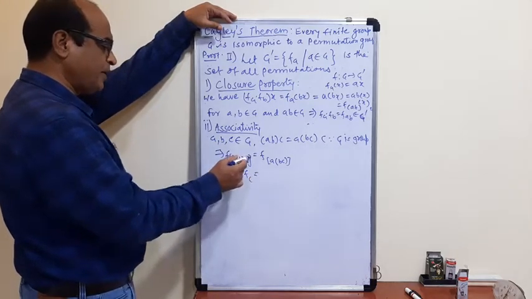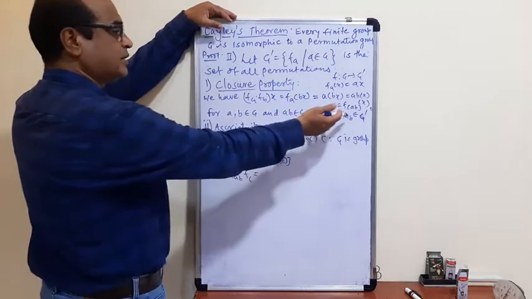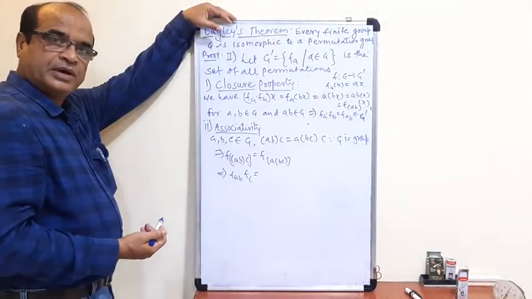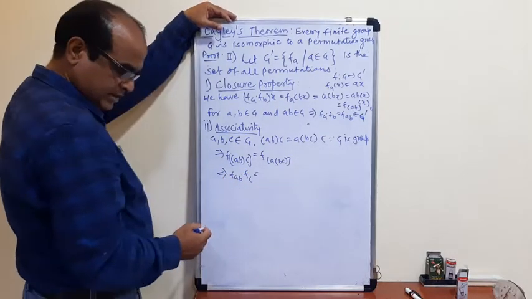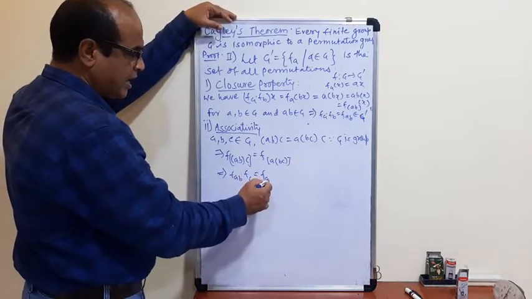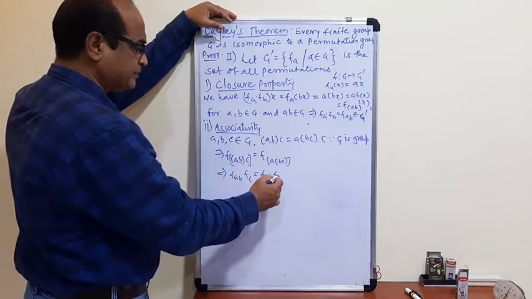What is f_ab into f_c? This is the closure property, which we just proved. So this can be done as f_a into f_bc.